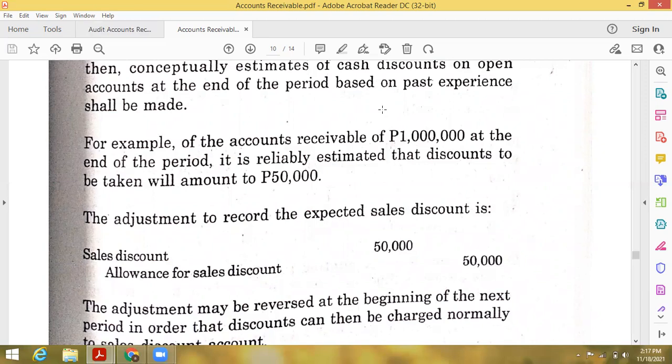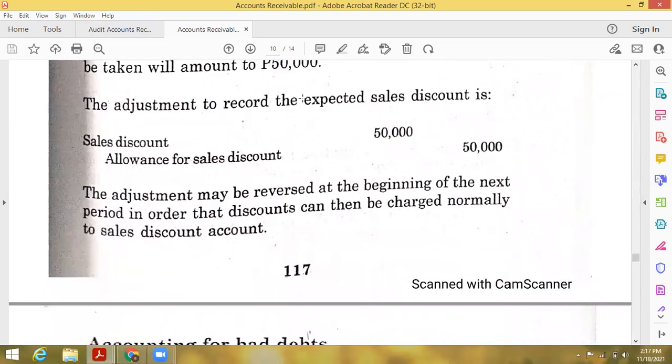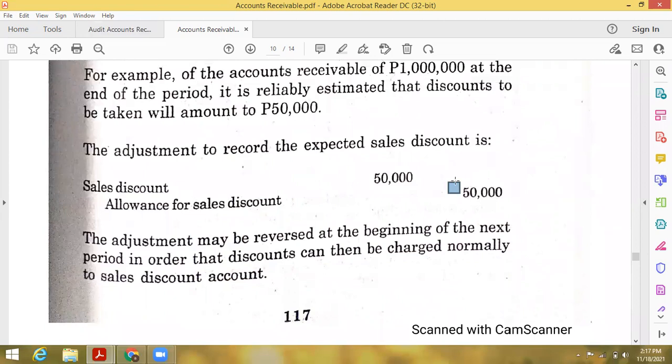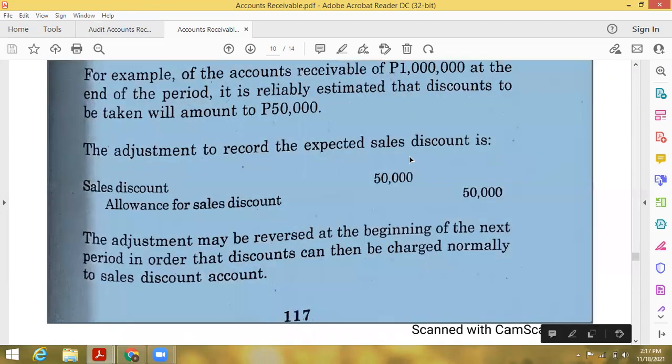So sabi niya, usually kasi pag ganyan, 50,000 dyan nag-avail ng discount. So sige, at the end of the year, I will estimate na 50,000 na discount yan. So ganun yung gagawin. So ito, yung allowance for sales discount na to is deduction from accounts receivable natin.